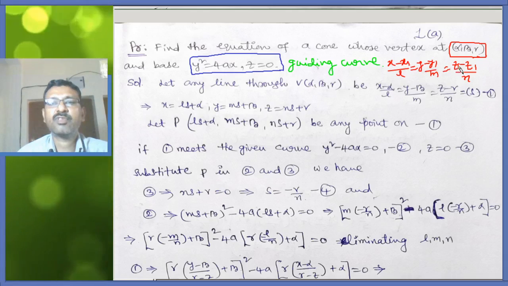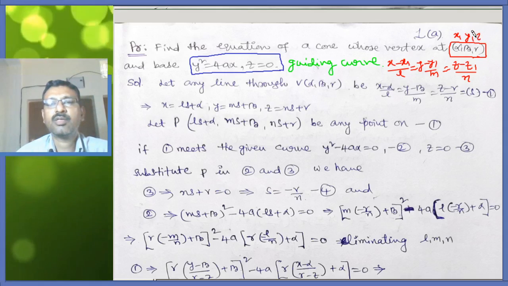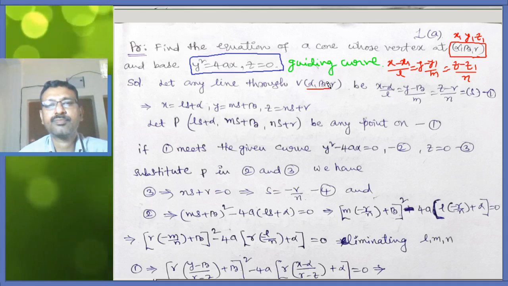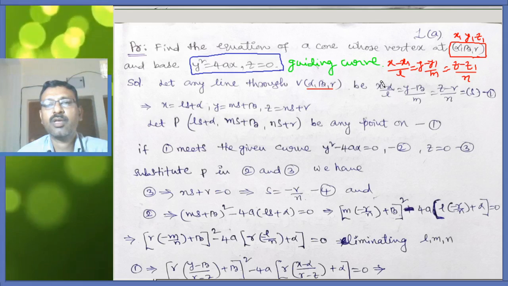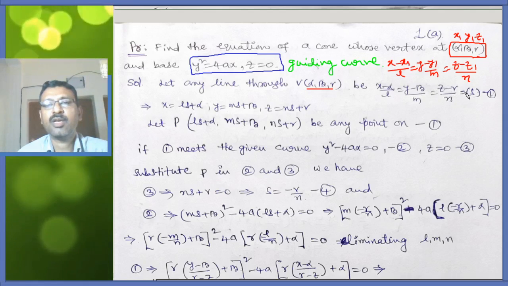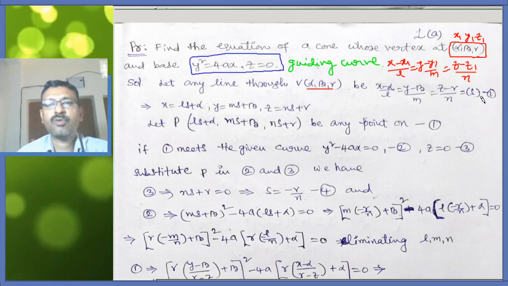Here x1, y1, z1 is any point on the line, that is here the vertex V. So the equation of the line is (x minus alpha) by l, (y minus beta) by m, (z minus gamma) by n. Let these three ratios be equal to s, and let it be equation 1.